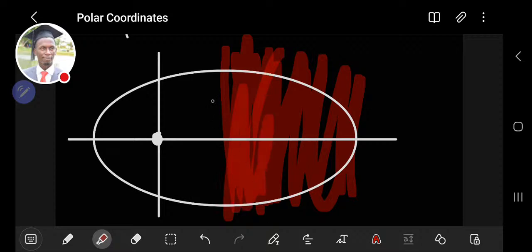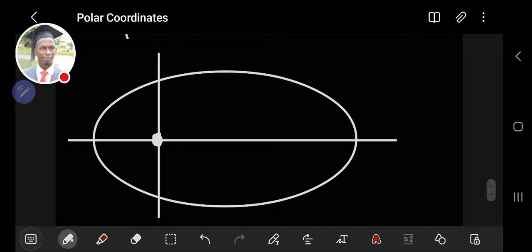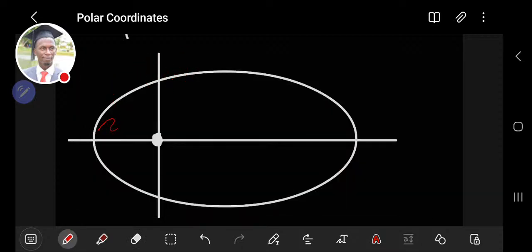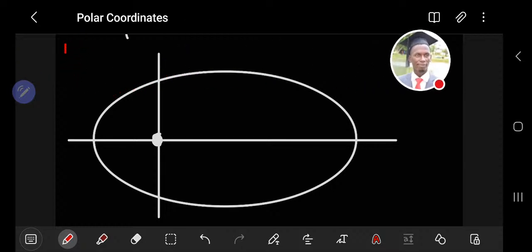We're more like just focusing on the other piece this side, so that it's the one that I keep talking about, say it opens to the left or to the right and so on. In this case, this piece opens to the right. In other words, opening to the right just implies that the directrix of this piece is going to be more like this side.